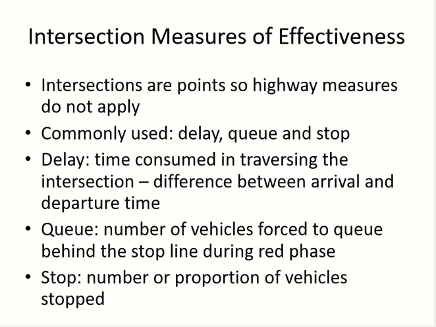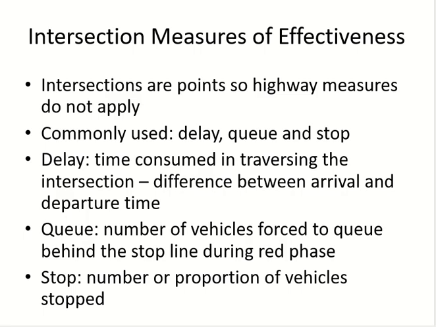At intersections there are measures of effectiveness: measures or values by which we measure the performance of the facility, the performance of that spot. For multi-lane highways and freeways, it was density. If you want to measure the performance of traffic flow on these highways, you will use density.